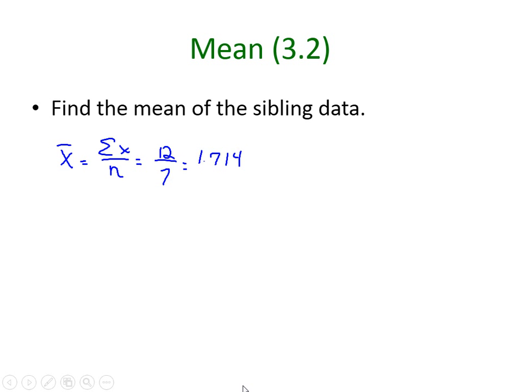We'll talk in a second about the rounding. This one needs to be rounded to 1 decimal, so we would round that to 1.7 siblings. So the mean number of siblings would be 1.7 siblings for our sample of our class.